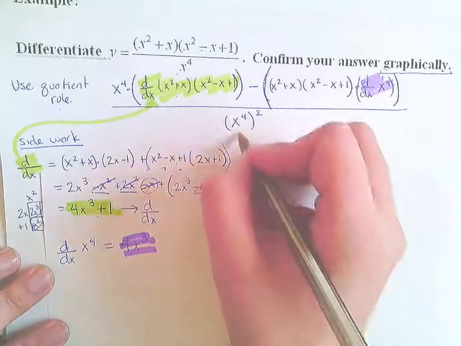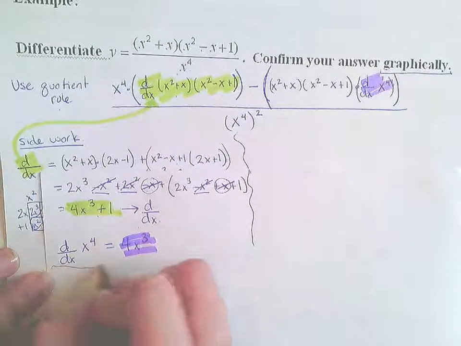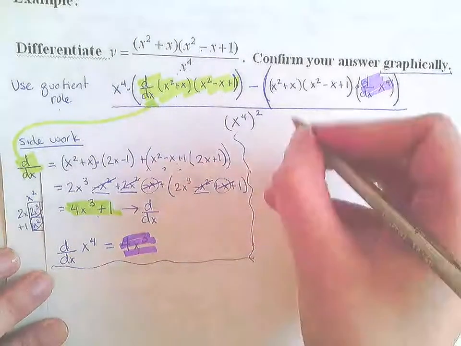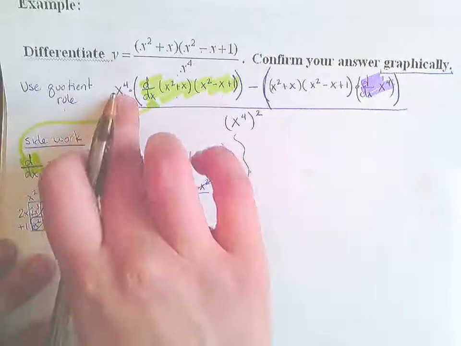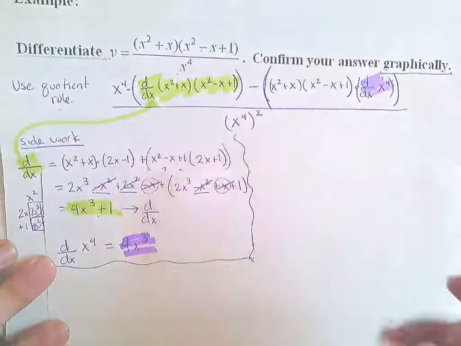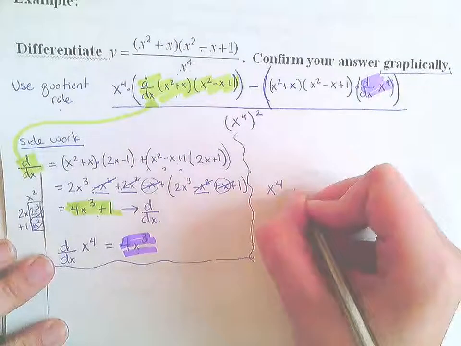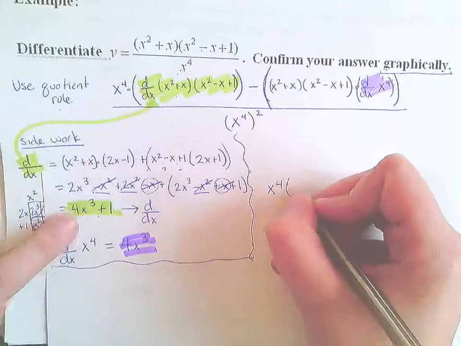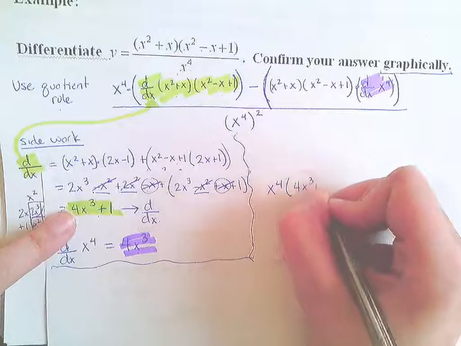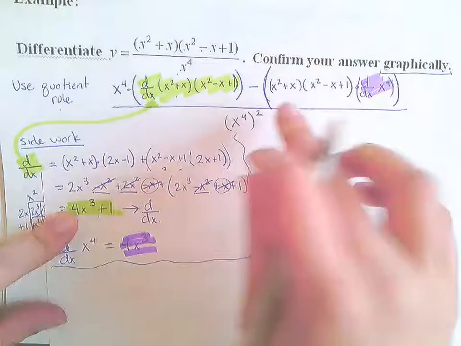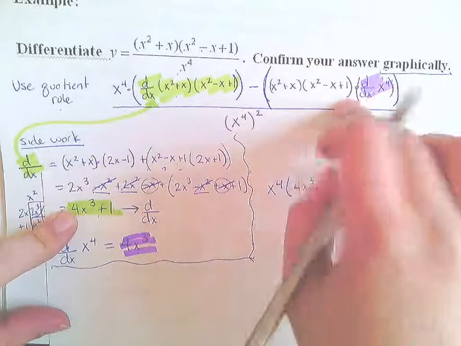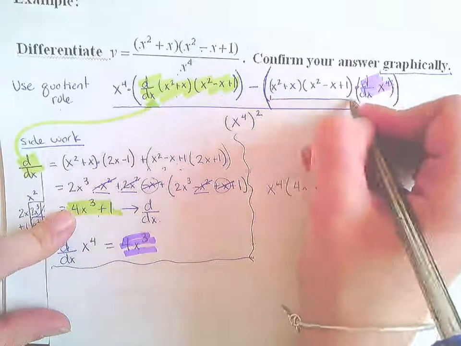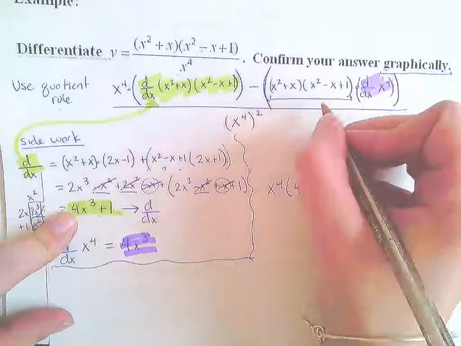So this was my side work. I'm going to box it up, and I'm going to continue here. So I'm going to bring this down exactly the way it is. So x to the fourth times the derivative of this, which we found was 4x cubed plus 1, minus all of that. And if you wanted to, you can multiply this out right now.